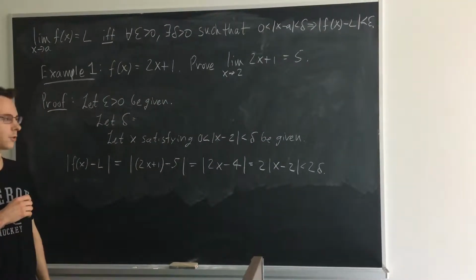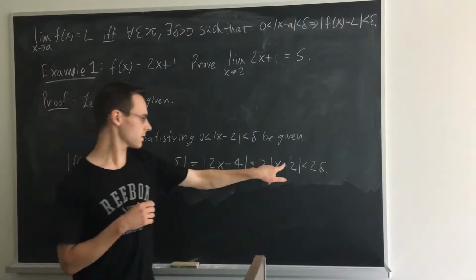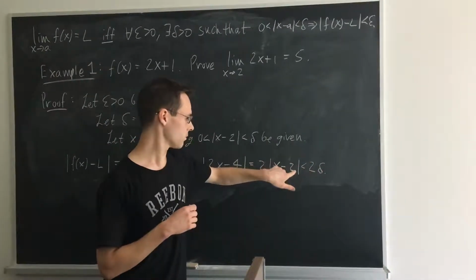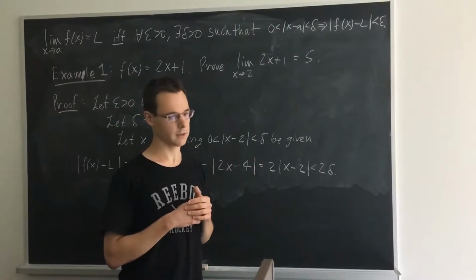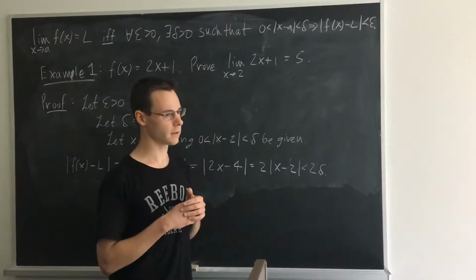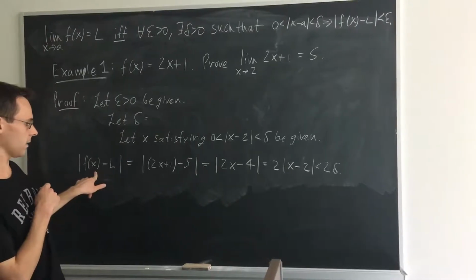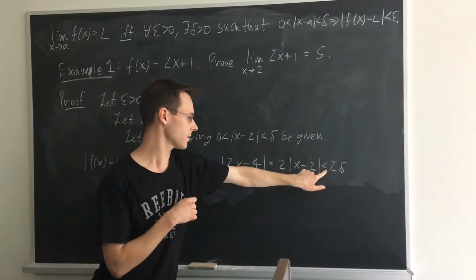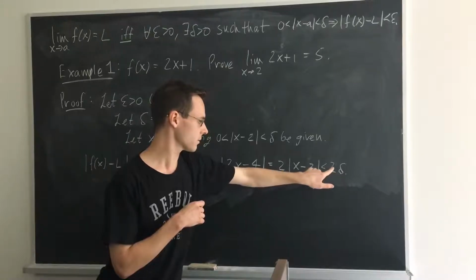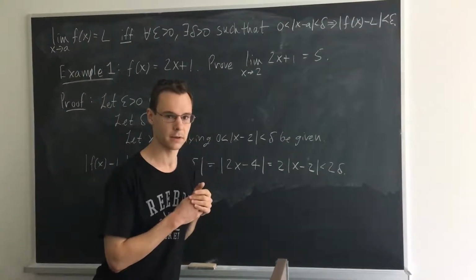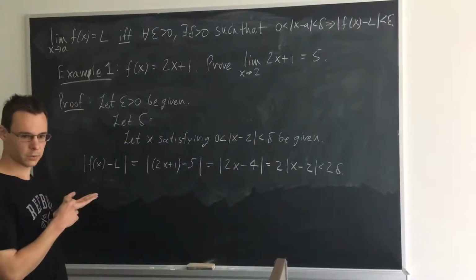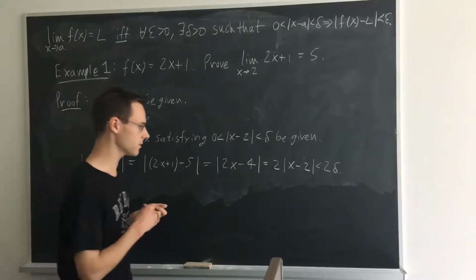Now, we want to choose delta such that this will be less than or equal to epsilon. It could be equal to epsilon, because if it is, we have f of x minus L less than epsilon by that inequality. So if we choose delta so that 2 times delta is going to be equal to epsilon, we'd have finished the proof. Okay, and that's exactly what we're going to do.